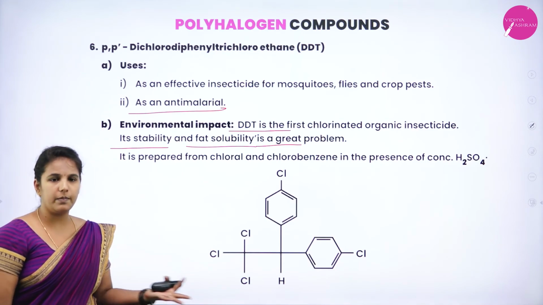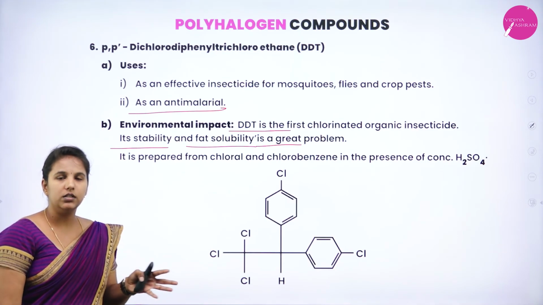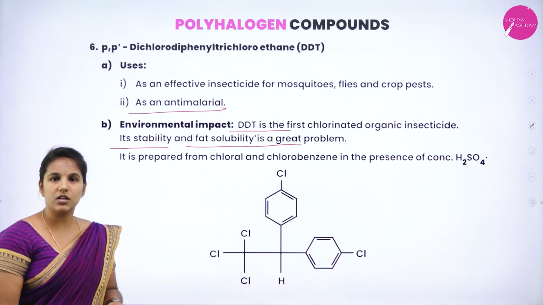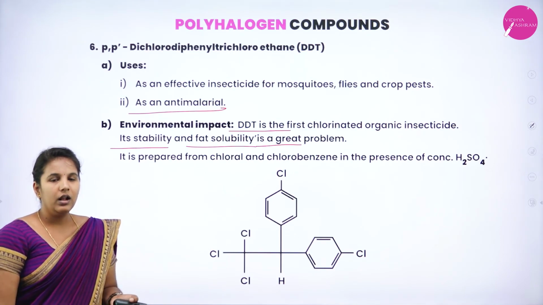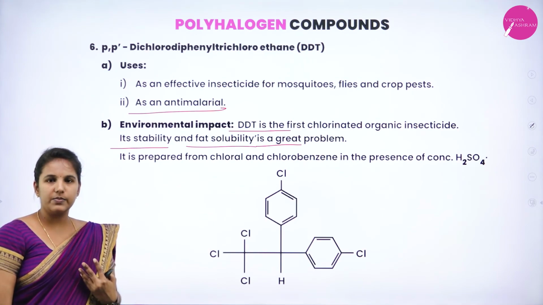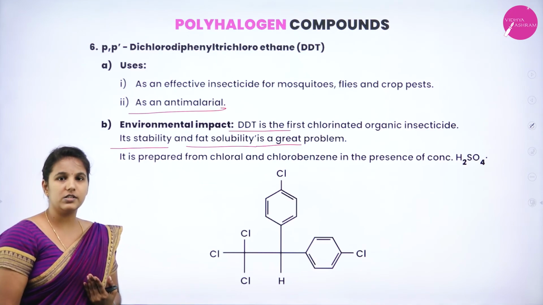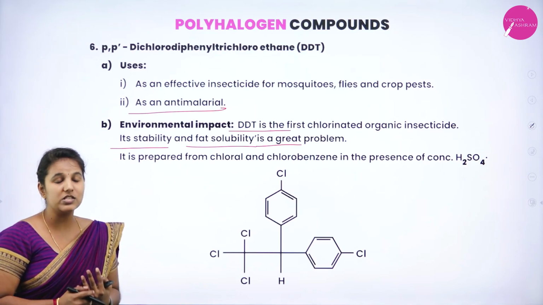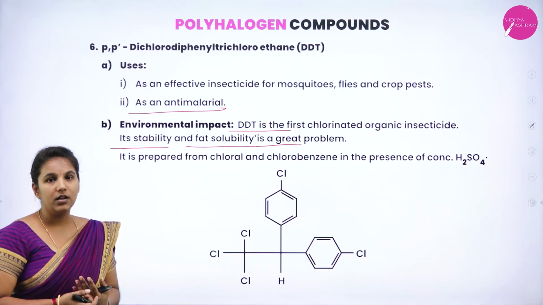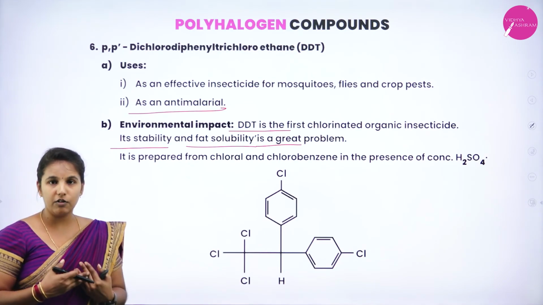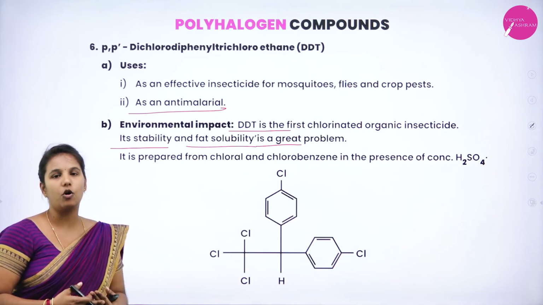If you apply it to the plants, suppose the rain comes, this DDT can easily wash away and that water can easily reach the oceans. In the oceans, once the DDT has reached, it can also reach the fishes. Once it reaches the fishes, it will be there in the digestive system, which is not completely degradable. Once human beings eat those fishes, it can also be retained in our body, thereby it causes many problems.